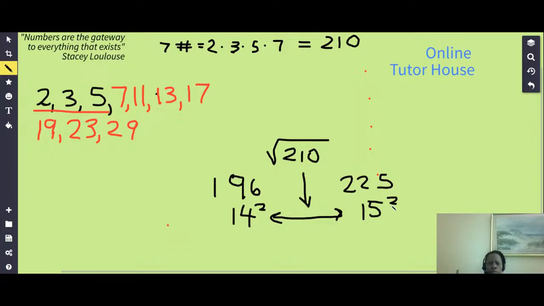So that's the base. This is the base of my number. Okay, great. I need to know what prime numbers show up less than the square root of 210. Okay, so primes, we're concerned with the multiples of primes less than 15.